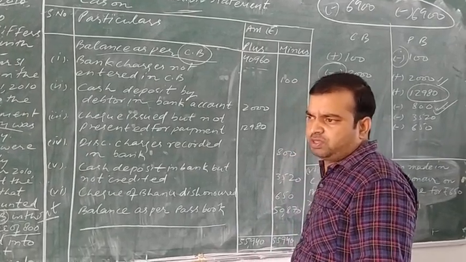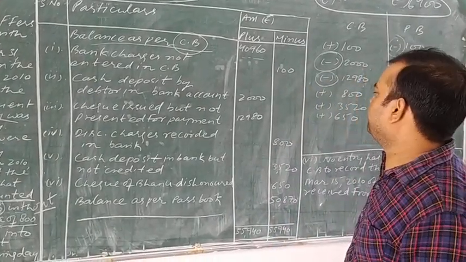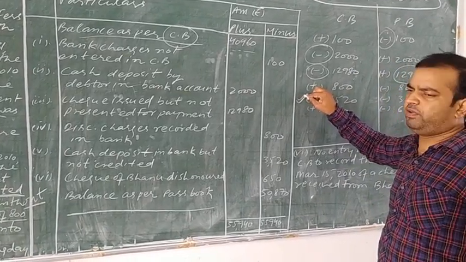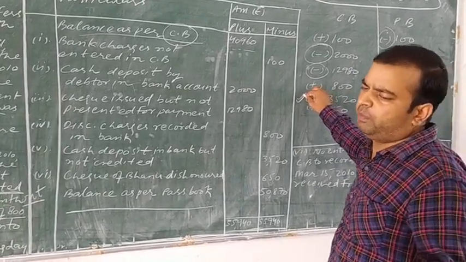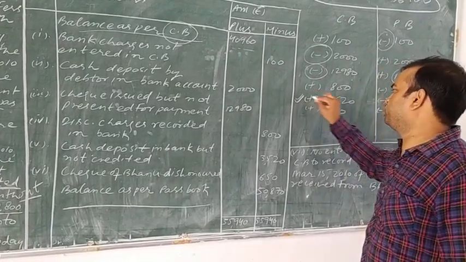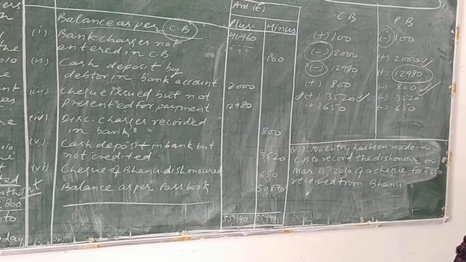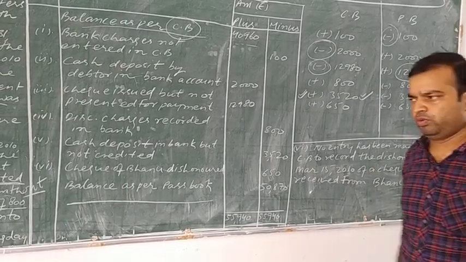Okay, means we will add this amount in the cash book. Okay, the cash book being maintained by us, and we are going to deposit or pay this amount within the bank. So what we will do? We will just do the addition of 3,520 in the cash book. Okay.